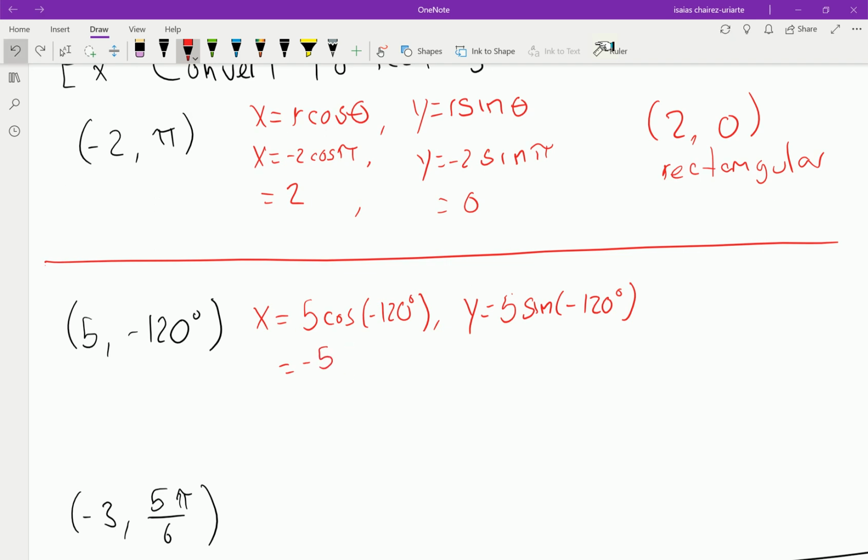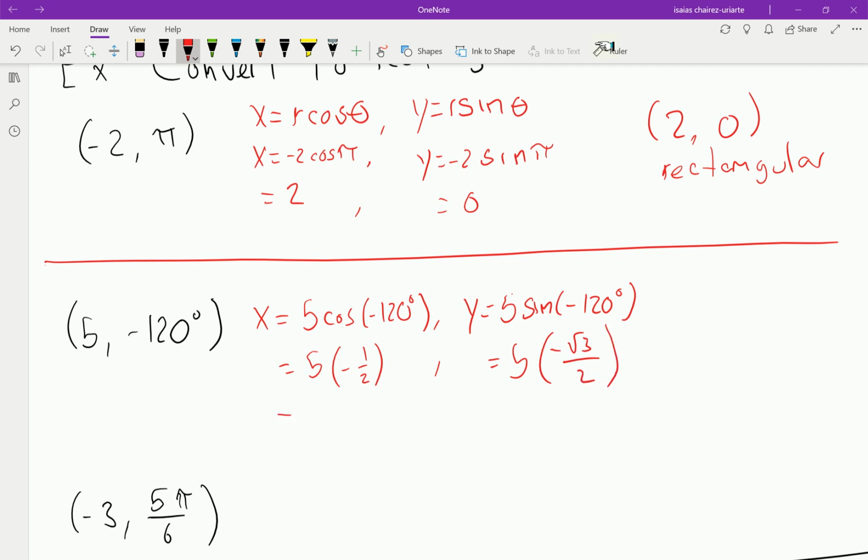Let me write it like this: 5 times negative 1/2. And my y is going to be 5 times sine negative 120, and that's negative root 3 over 2.